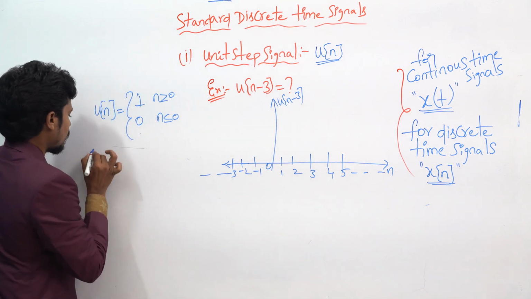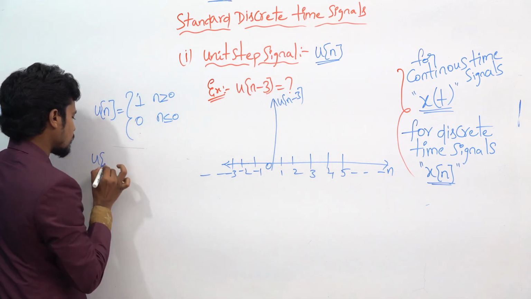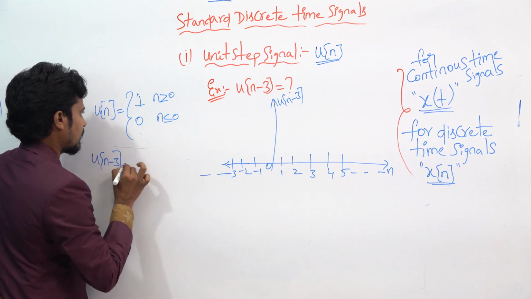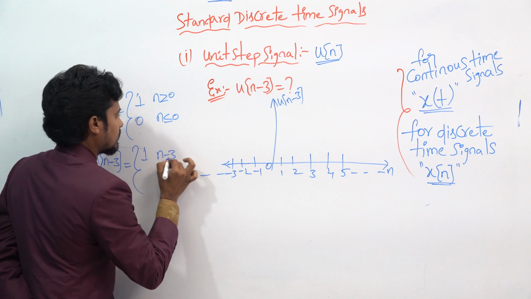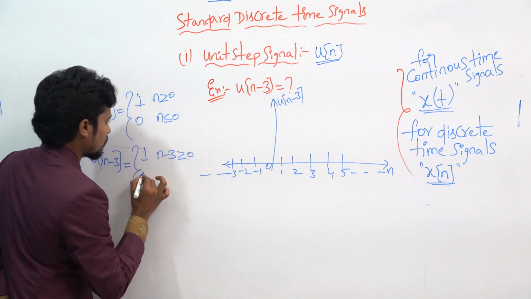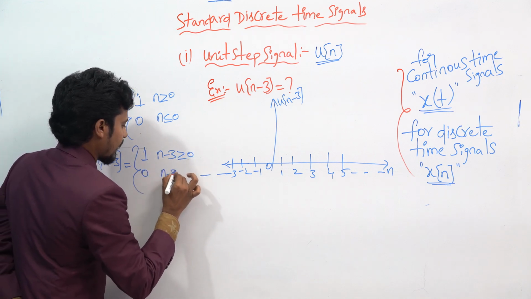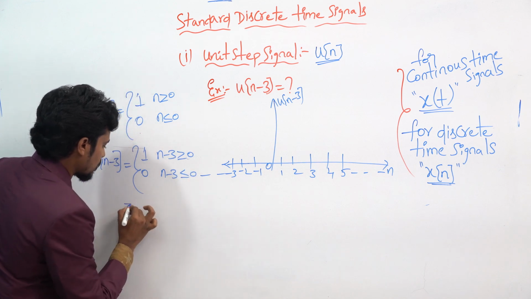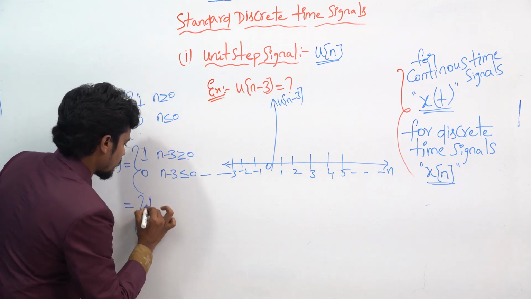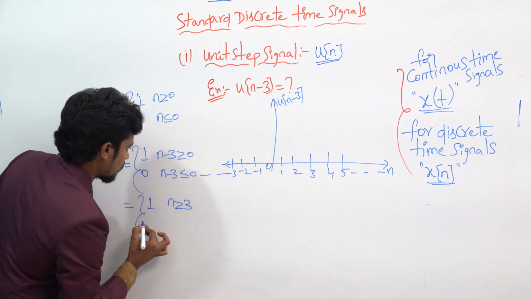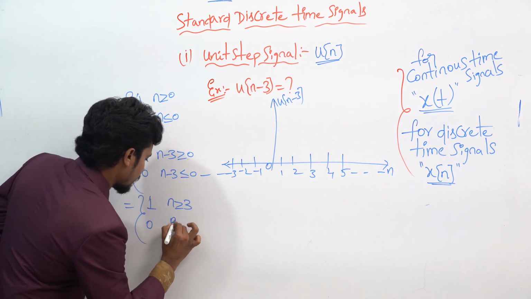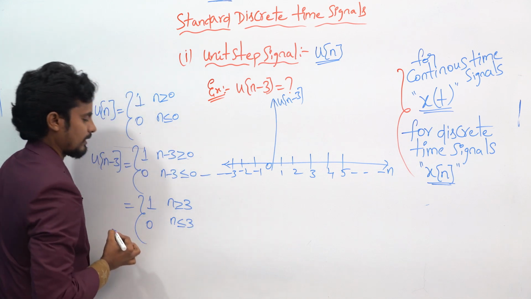So it will be 1 for n minus 3 greater than or equal to 0, and 0 for n minus 3 less than or equal to 0. That is, 1 for n greater than or equal to 3, and 0 for n less than or equal to 3.